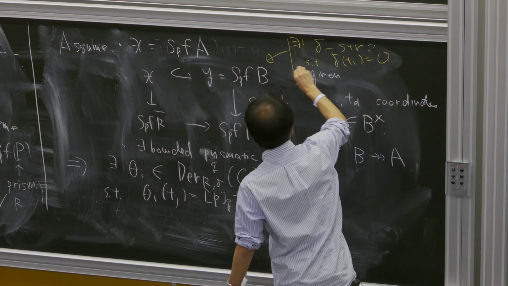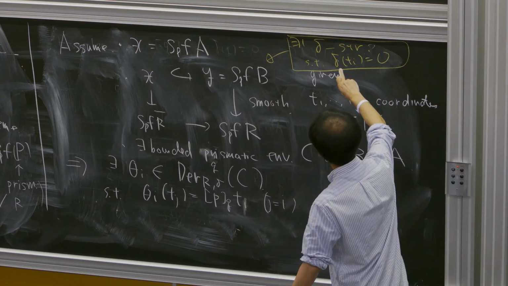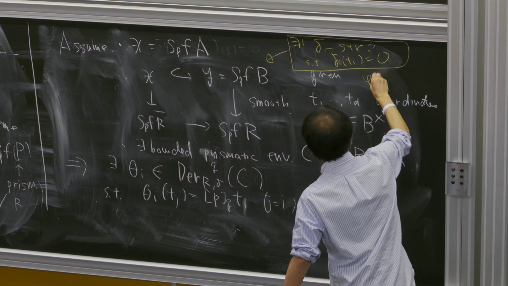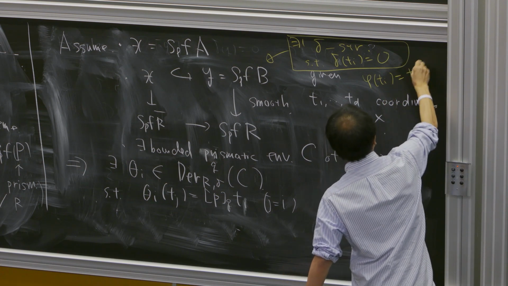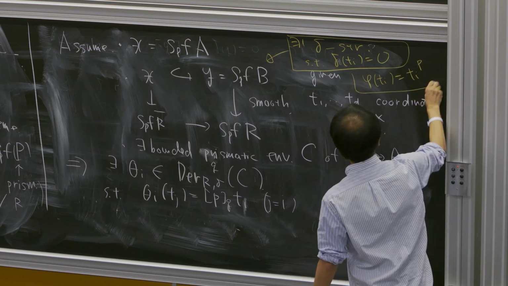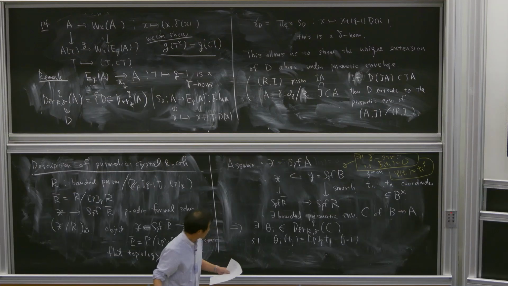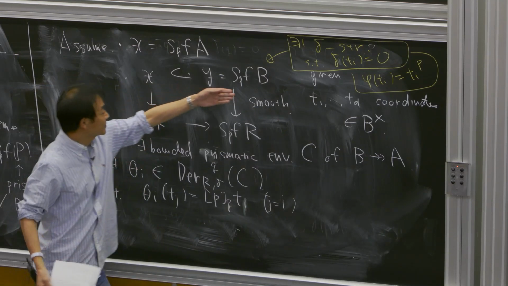So use this delta structure. If you consider the lifting of Frobenius corresponding to the delta structure, then Ti goes to the p-th power of T. And this is the delta structure we consider.